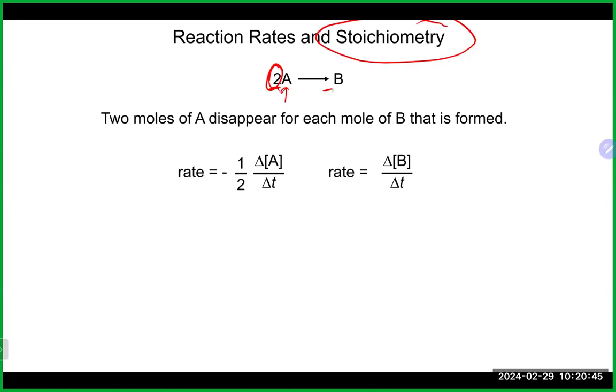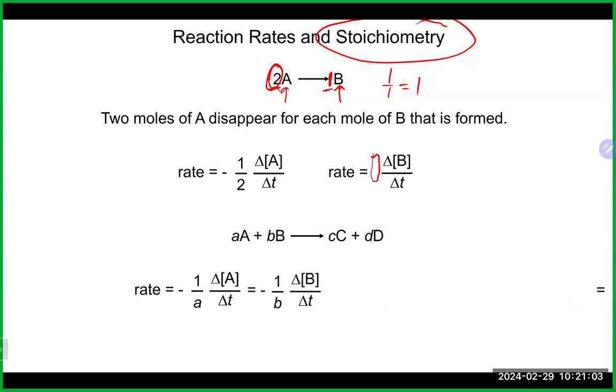When we get to our product side, it will be positive. The coefficient here is 1, so that's essentially 1 over 1, which is equal to 1, which is why there's nothing written here, because you don't really need it. The change in the concentration of B over the change in time. So in general, when you have a reaction, you could write a rate expression like this, where for our reactants we have our negatives, and we take 1 over the coefficients.